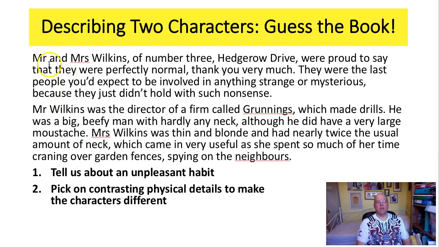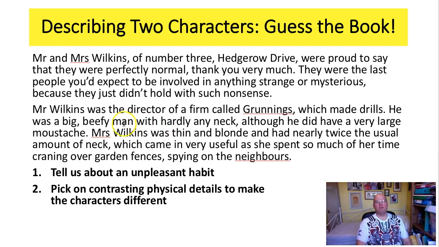Mr. and Mrs. Wilkins of number 3 Hedgerow Drive were proud to say that they were perfectly normal, thank you very much. They were the last people you'd expect to be involved in anything strange or mysterious, because they just didn't hold with such nonsense. Mr. Wilkins was the director of a firm called Grunnings, which made drills.